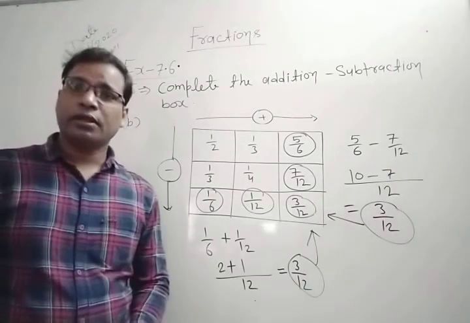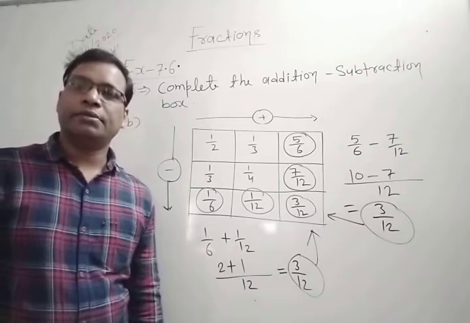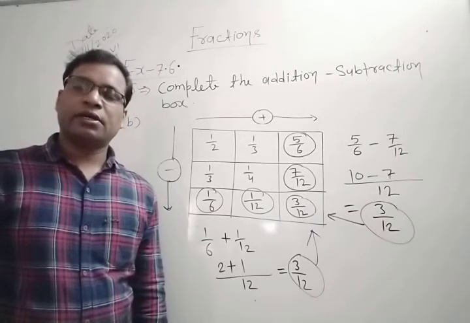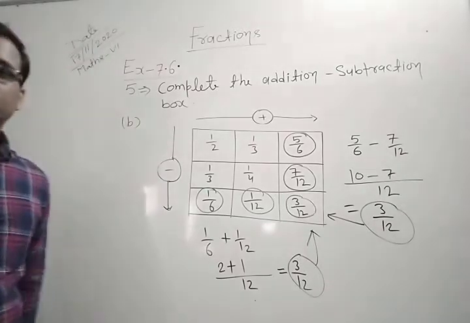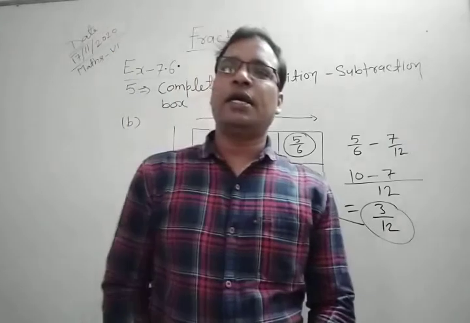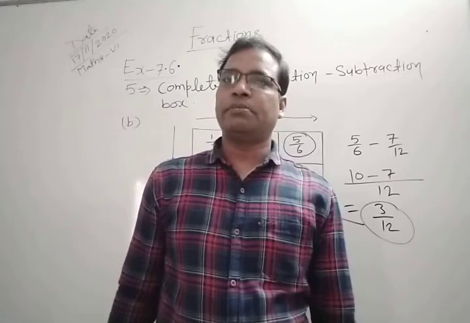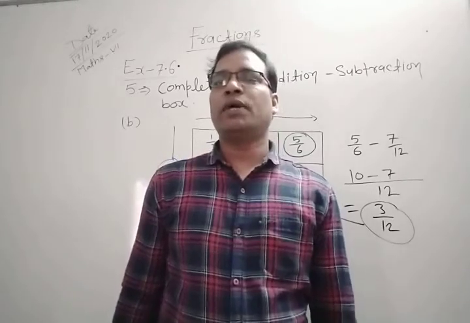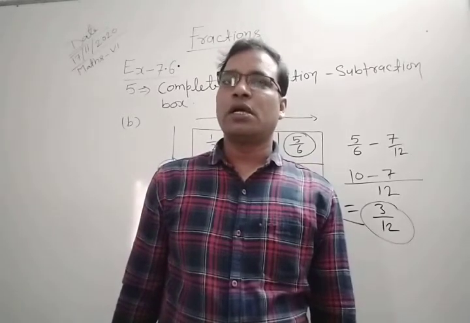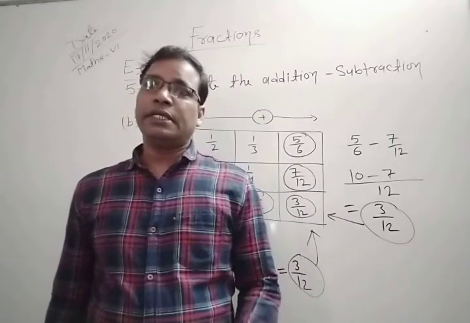Now we are going to discuss the next question, question number 6 of Exercise 7.6, Chapter 7, Fractions. Let's see what we have in question number 6. It is given that a piece of wire 7/8 meter long is broken into two pieces. One piece was 1/4 meter long, and the question asks how long the other piece is.